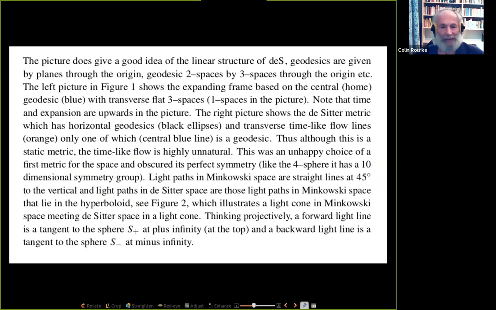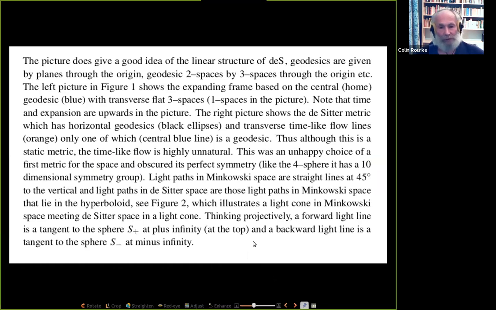So although it's a static metric, the time-like flow is very unnatural. A natural flow would flow along geodesics. So it's a very unhappy choice for the first metric for space, and people just missed its beautiful symmetry. It's perfectly symmetrical. It's as symmetrical as the fourth space. It has a 10-dimensional symmetry group.